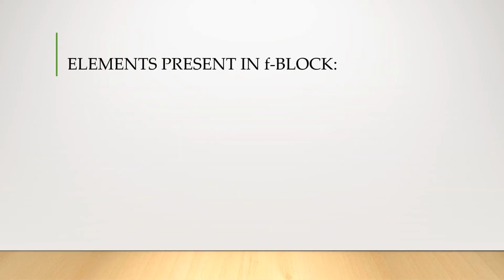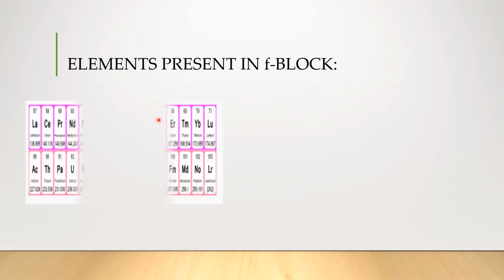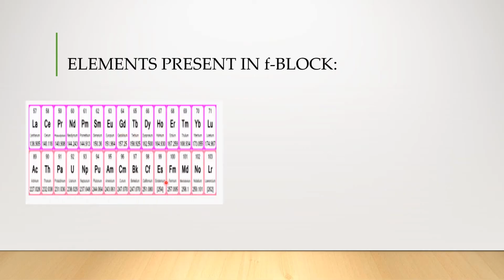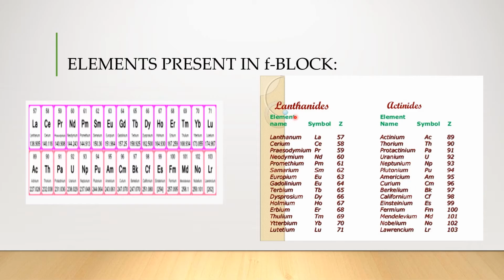Okay, now we are going to see the elements present in f block, okay. We saw in the earlier slide that there are two series, the lanthanide and actinide series. Now we are going to see the names of these two series, okay. First we are going to see the lanthanide series. The first element is lanthanum, its symbol is La and its atomic number is 57.